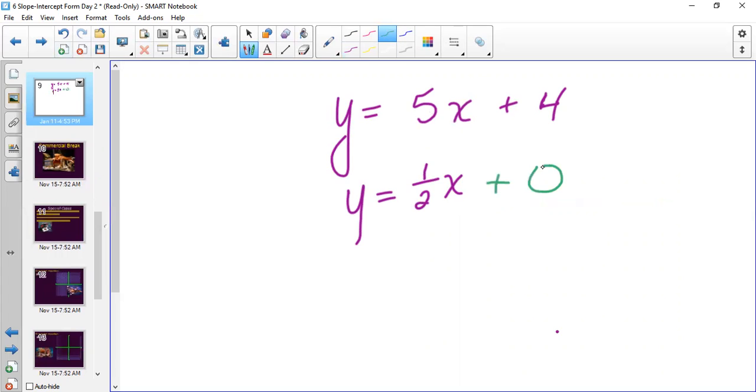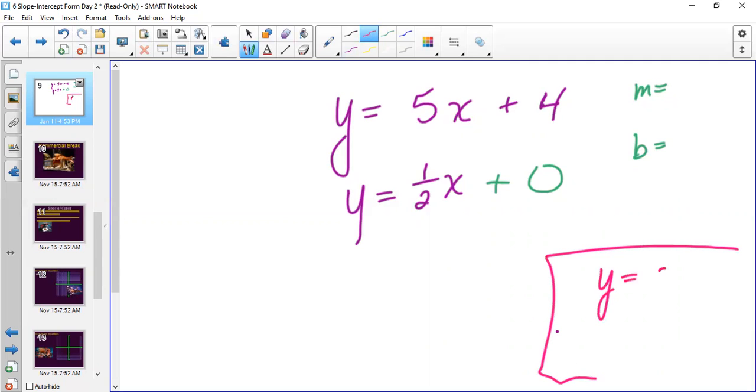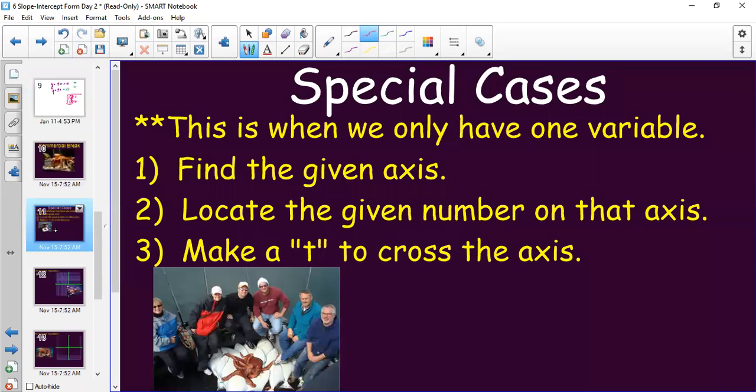So those are not special cases. On all of those, we're going to have a slope and a y-intercept. When I am talking about special cases, I am talking about when there's only one variable. So it's either going to look like y equals 2, or let's say x equals 2. Again, it could be a different number, not necessarily 2, but there is only one variable in the problem. That's what I'm talking about, special cases.